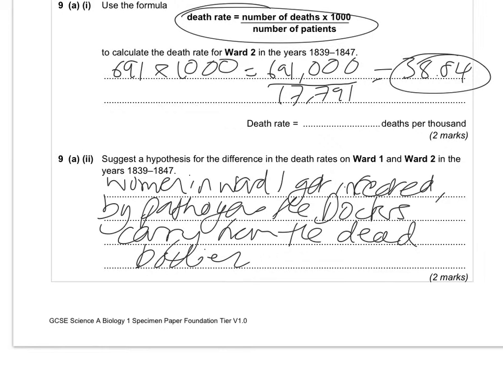Okay, so you got one mark there for pointing out that the women in Ward 1 got infected at a high rate. Second mark was suggesting why that was. So the doctors were carrying the pathogens towards the women.